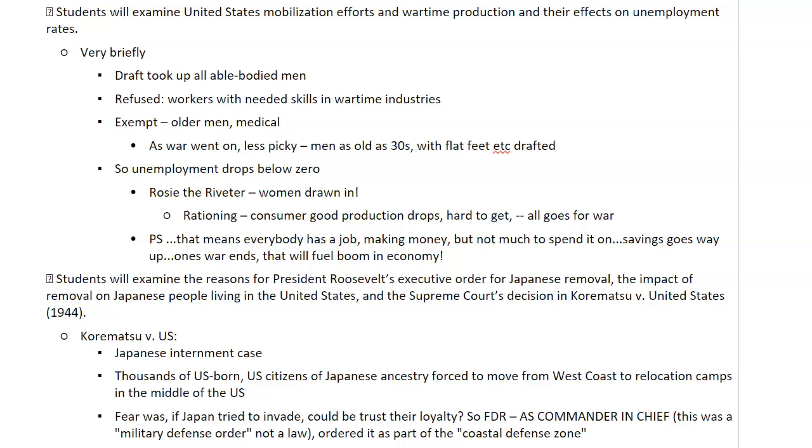Exempt from the draft, of course, would be older guys and guys with medical issues. Now, it makes sense, right? But as the war went on, they became less and less picky. Men as old as in their 30s, things like flat feet. If you have flat feet, that is, the arch in your foot is kind of low, it can give you all kinds of foot problems, particularly if you do a lot of walking. So if you have soldiers who are marching, or soldiers who have to walk from one end of Europe to the other, if the guy's got flat feet, he may wind up crippled halfway across.